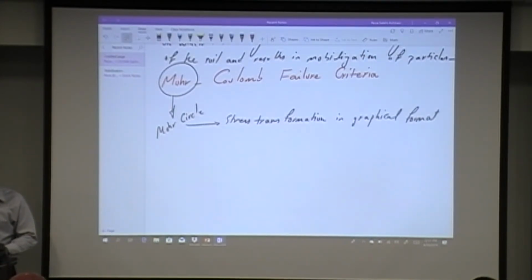That was the stress transformation in graphical format. We know what the center is, what the radius of this circle is, and things of that sort. You can calculate the principal plane, the plane of maximum shear stress, the plane of maximum normal stress, and everything that you can get from your Mohr circle. So that was one of the contributions of Mohr.